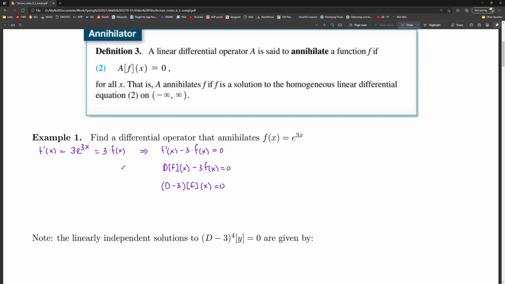So that means that our annihilator for this function is A equals D minus 3, because that makes this equal to 0 on the entire real line.